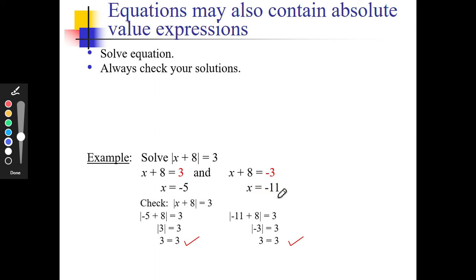So this is a simple example of how you would check the correctness of your solutions.